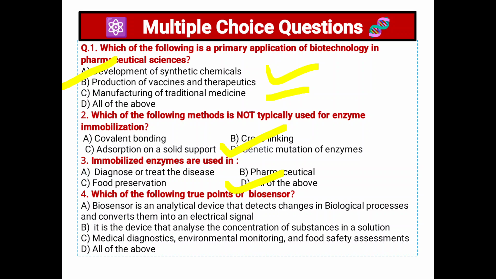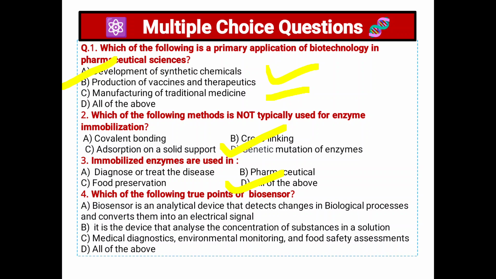Next, which of the following are true points about biosensors? Option A, a biosensor is an analytical device that detects changes in biological processes and converts them into an electrical signal. Option B, it is a device that analyzes the concentration of a substance in solution.